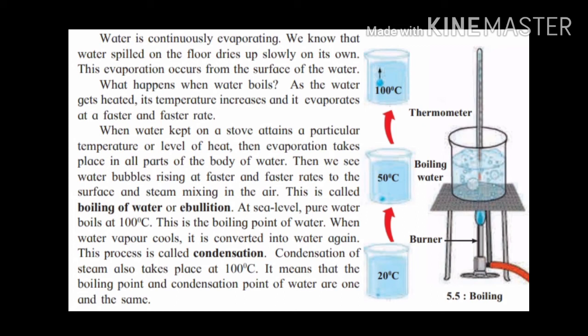After some time, when you remove that plate and see, the vapor is converted into liquid, that is, into water. This process is called condensation. Condensation of steam also takes place at 100 degree centigrade. This means that the boiling point and condensation point of water are the same.